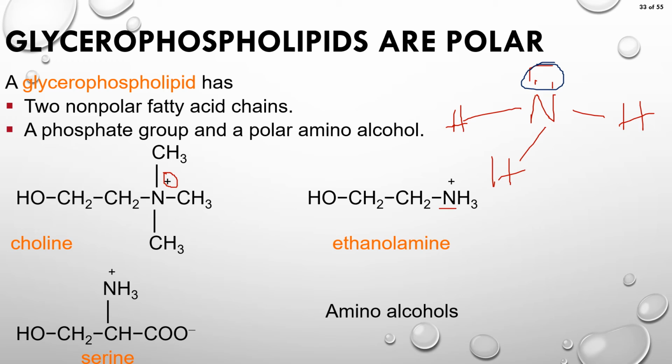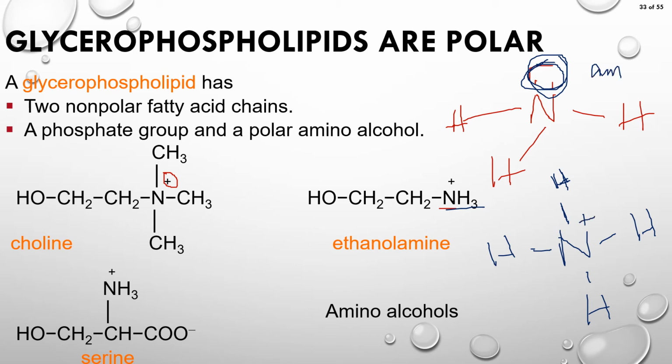Now for this one, you have no lone pairs at all. The lone pair is used to bond another hydrogen. So this becomes positive. So, this is ammonia.